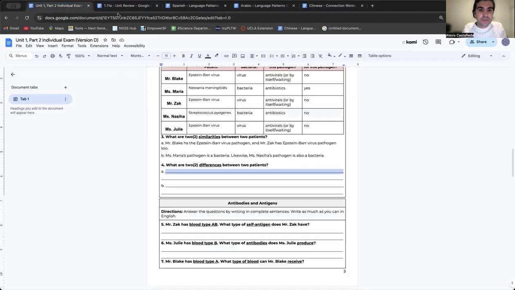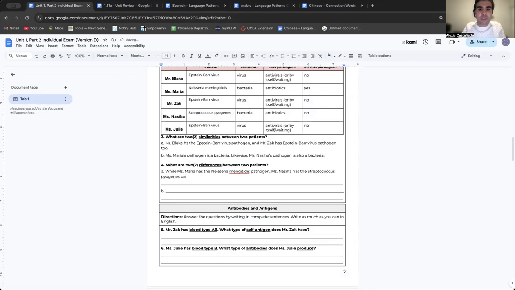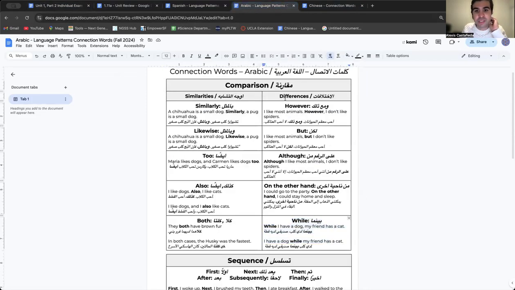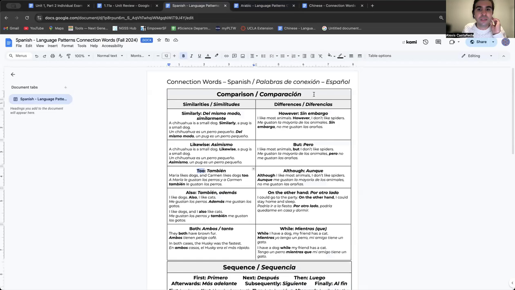So while Miss Maria has the Neisseria meningitidis pathogen, Miss Nasiha has the Streptococcus pyogenes pathogen. So the word while here, right? The word while tells me that it's about a difference, some differences that are happening.